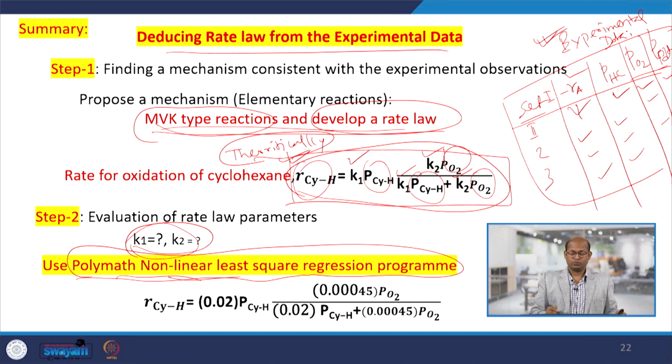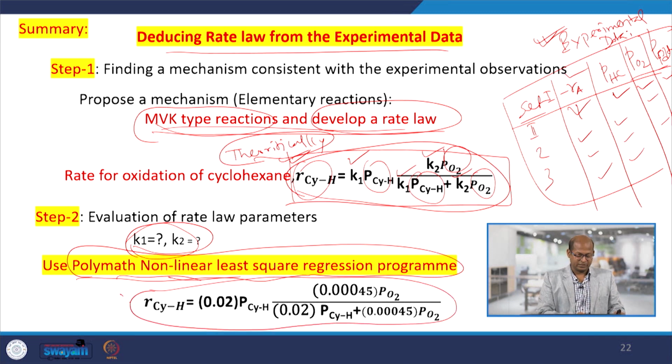Once the data is fitted well, then we can say that the rate equation for this particular reaction is this. For example, the K1 value, from the nonlinear regression we are getting, is 0.02, and the K2 value we are getting is 45.